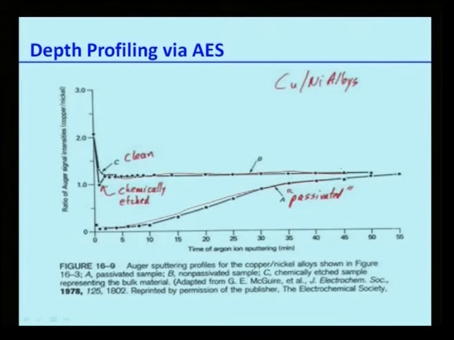The clean sample is giving much better results, signals, than the passivated. Passivated means it might have got an oxidized surface layer. So AES sputtering profiles for the copper nickel alloys is basically taken from McCurry et al. It tells us that it is always better to clean the sample surface by sputtering before taking even the profiles.